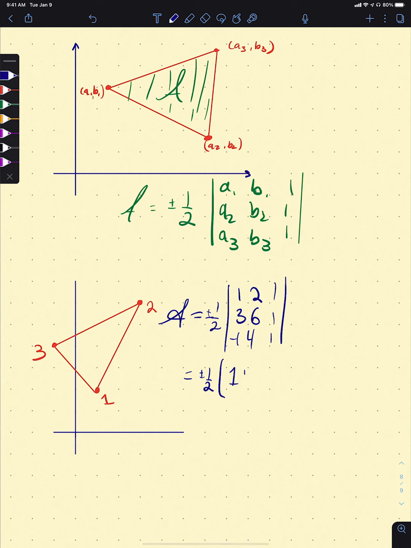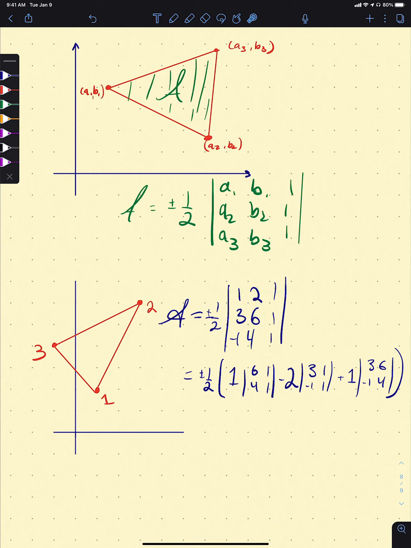Well, we're going to have 1 times its cofactor, which is going to be 6, 1, 4, 1. I'm going to do -2, it looks like, times 3, 1, -1, 1. And then plus 1 times 3, 6, -1, 4. Where again, we find these by deleting a given row and column and looking at what's left over, okay?